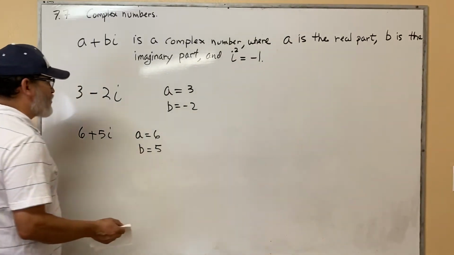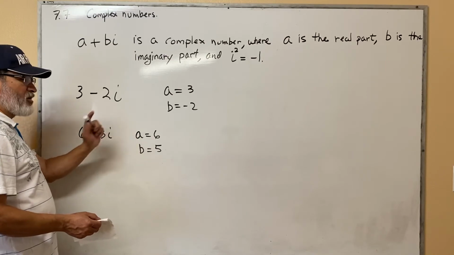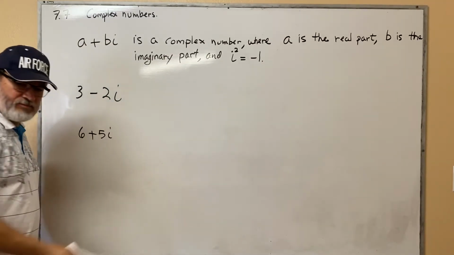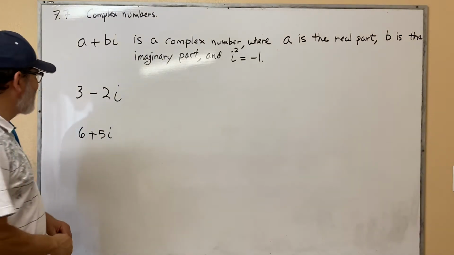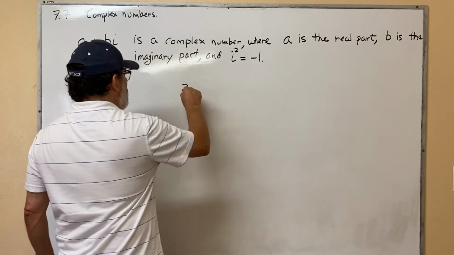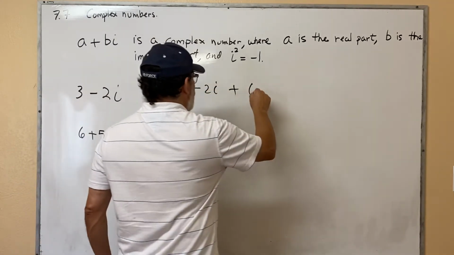So let's take these 2 complex numbers. These are the imaginary part and the real part. First, let's take 3 minus 2i and add it to 6 plus 5i.